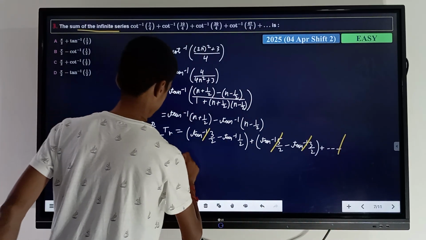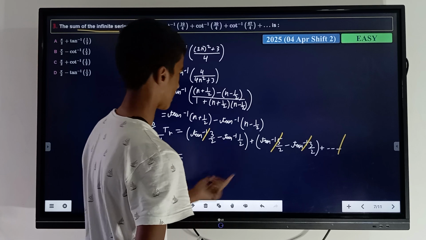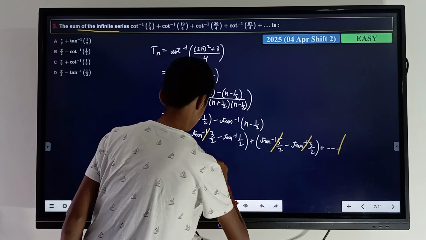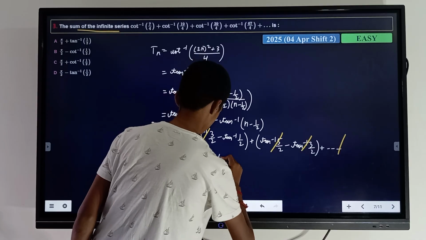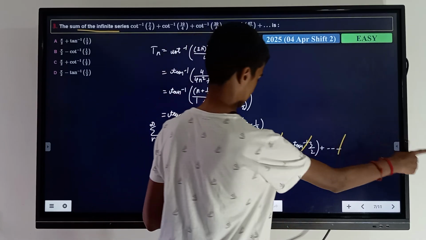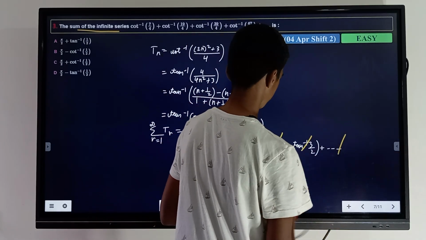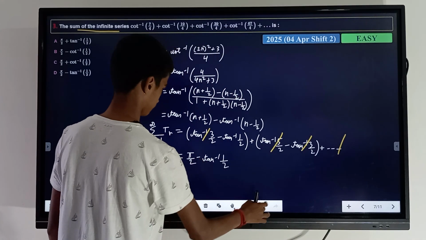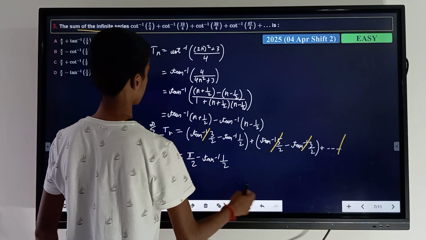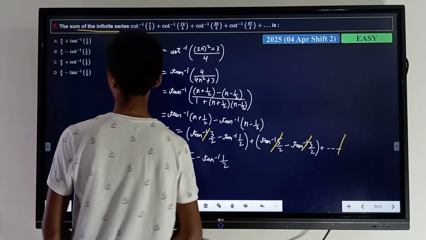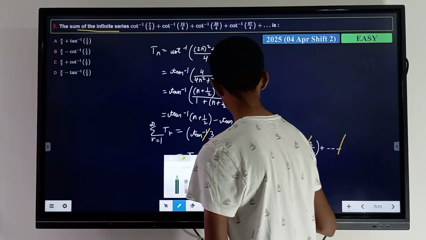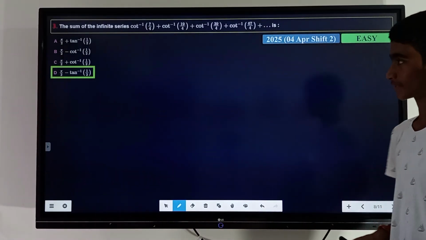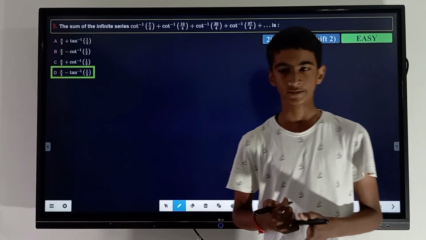So from the first term we are left with minus tan inverse 1 upon 2, and from the last term we will have tan inverse infinity, which is pi by 2. So answer for this question is option D. And here we can see that our answer matches, correct.